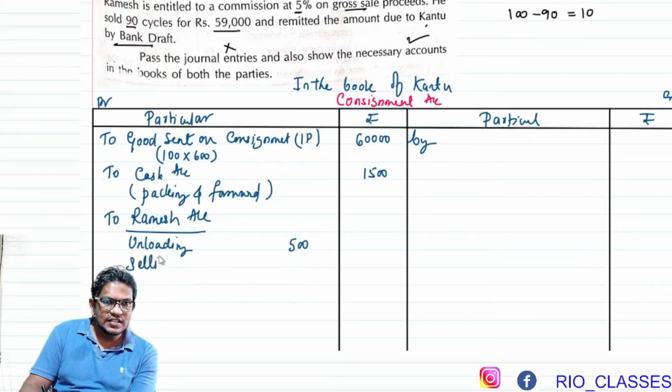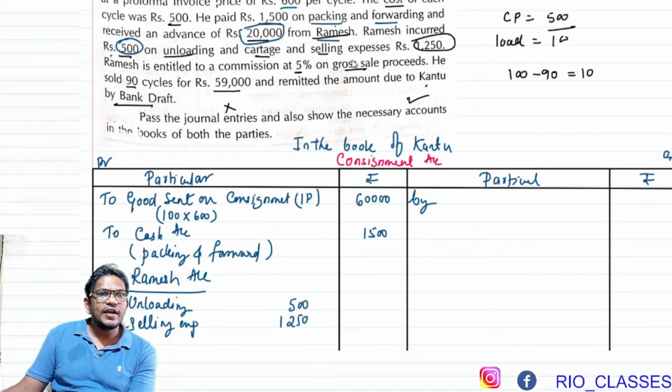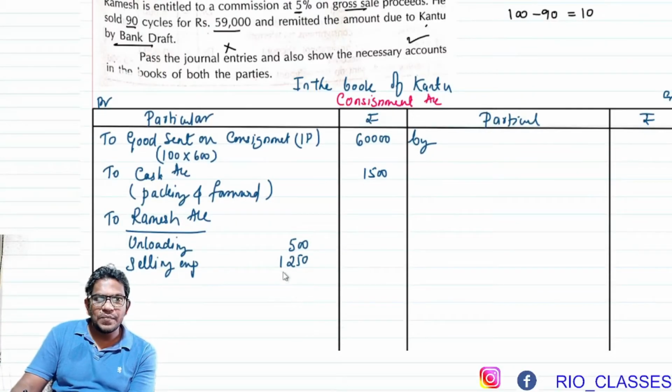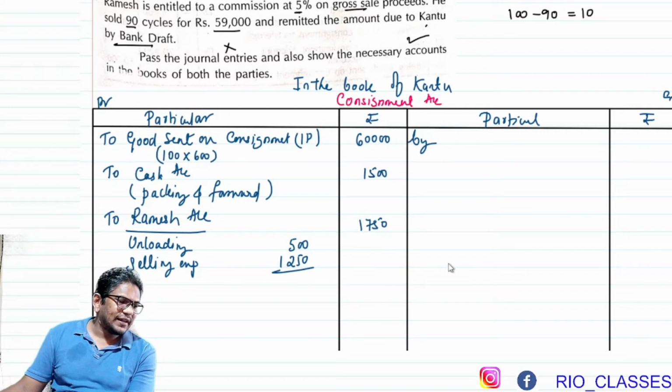Next, selling expenses 1,250. Now just total this: 1,750 is the expenses of the consignee.